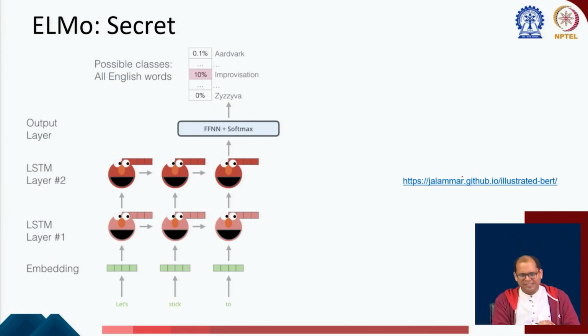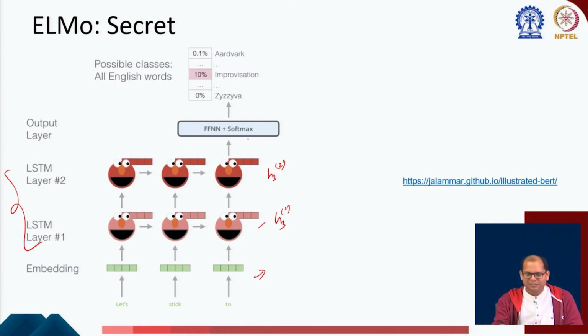So they actually trained a multi-layer LSTM. Two layers is what they had used. You apply the word embeddings, then you have H1, H2, H3 at layer 1, and H3 at layer 2, and at the final layer you apply a feed forward and softmax, and you predict the next word, right?